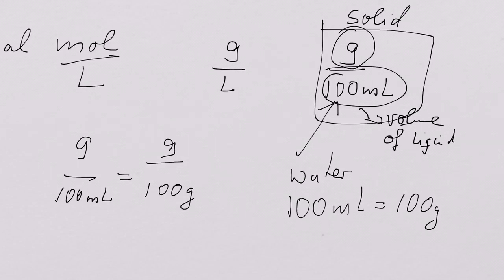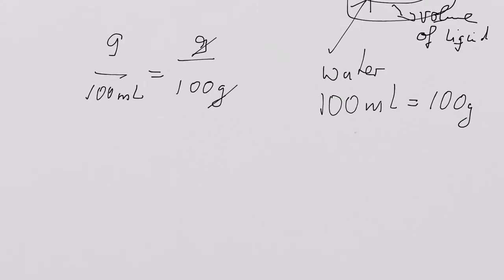And now, because life is so complicated, you cancel out the grams. What can you write 100 as? As percent, exactly. So that would be percent.